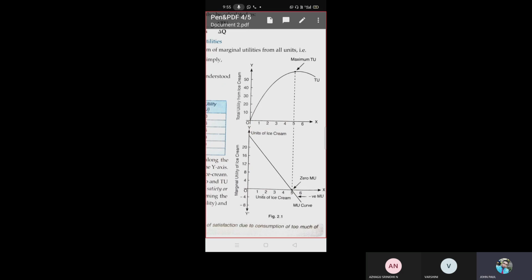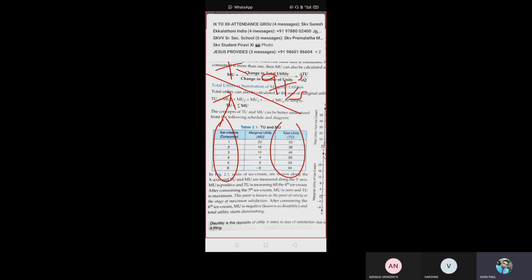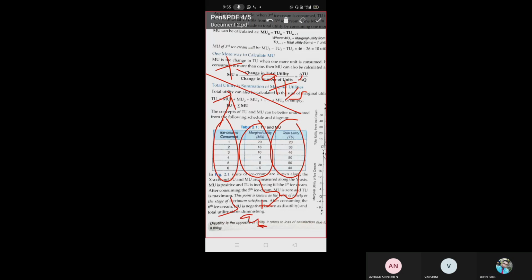So I am plotting the graph for this table.